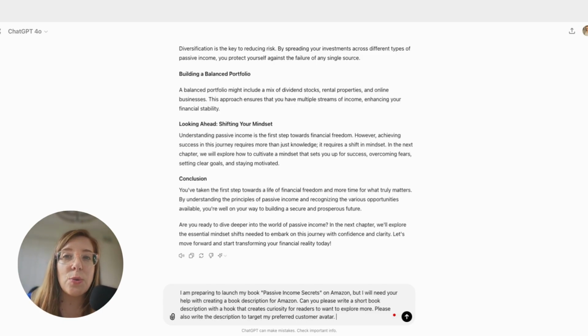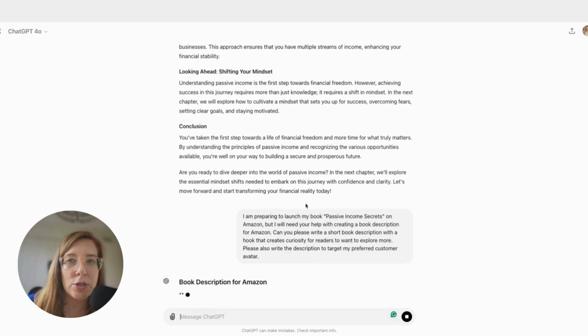And I also want to tell it to target the ideal customer avatar. Now, because the ideal customer avatar is already in this chat memory, it should be able to pull the information from that, just like we did with the other section of the book. So let me go ahead and hit the enter button here and see what kind of results we get back.